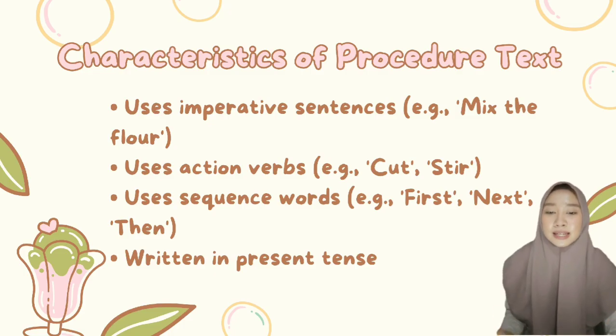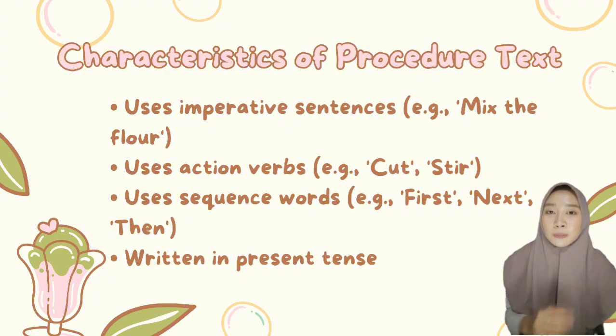A procedure text is easy to recognize because it has some key features. The first is that it uses imperative sentences, which are commands like mix the flour or turn on the oven. This makes the instruction direct and clear. Number 2, including action verbs such as cut, boil, and pour, because we need to describe actions.